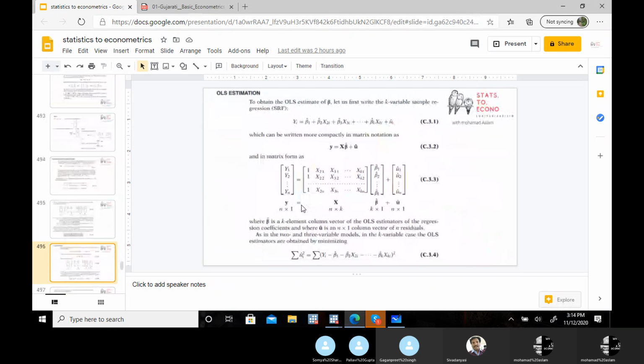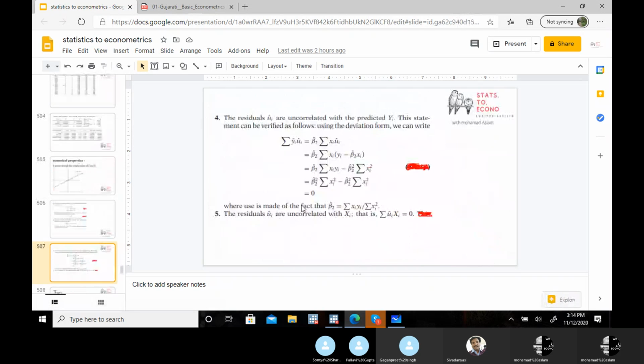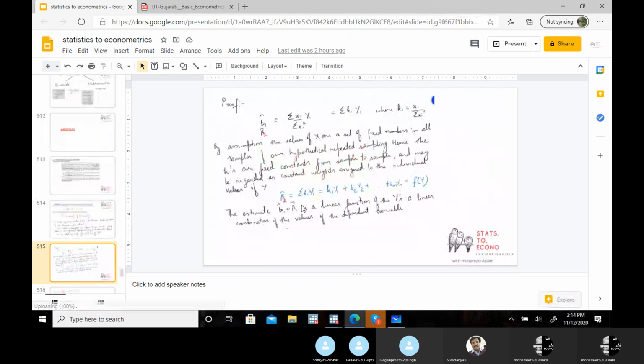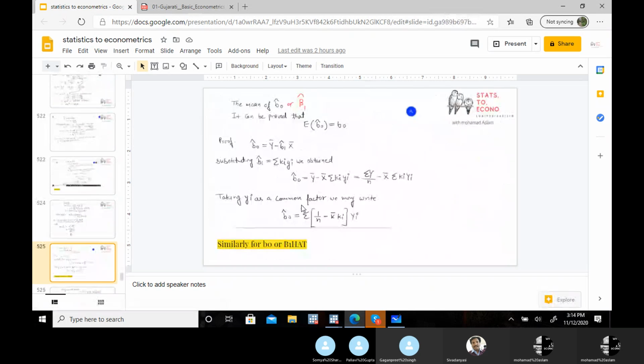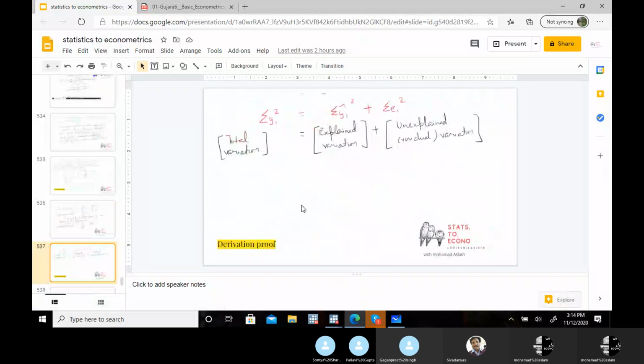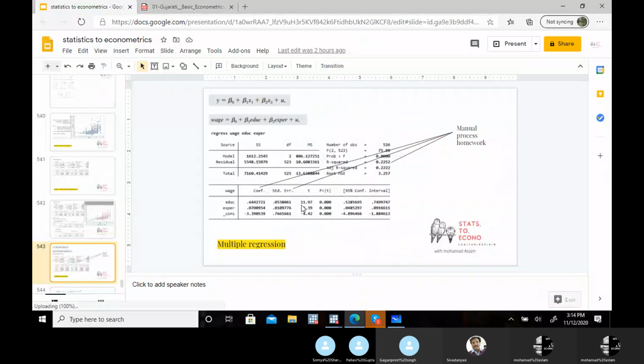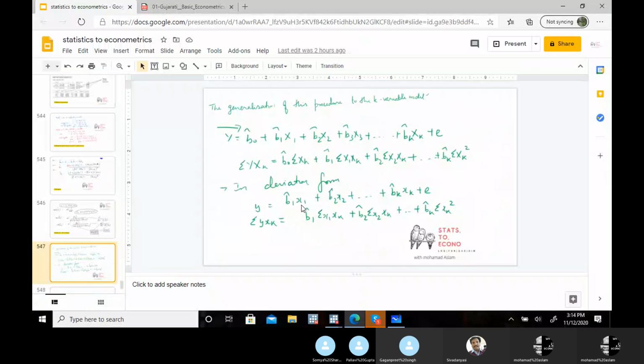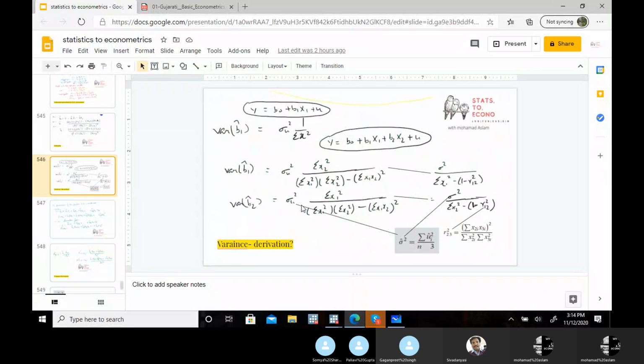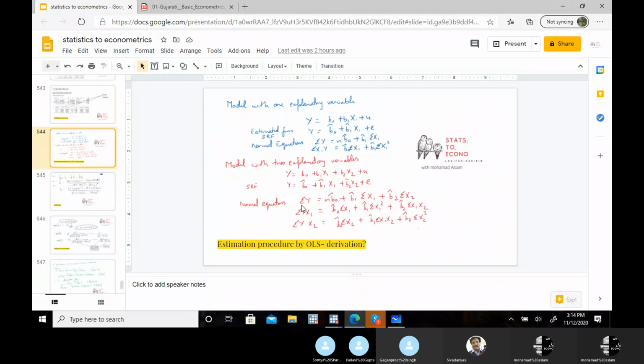So now if we have more than one variable, the process remains the same. Again you first take the summation of u hat square, and that you are going to minimize. The change is that now in place of one independent variable, we have two independent variables. So now you will get three normal equations because you have to estimate three estimates.